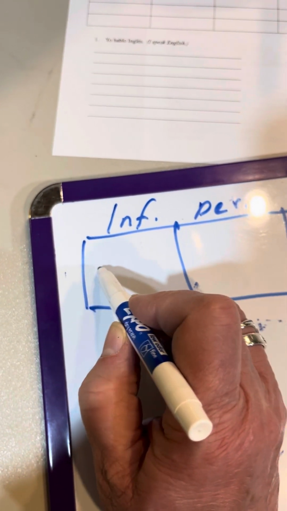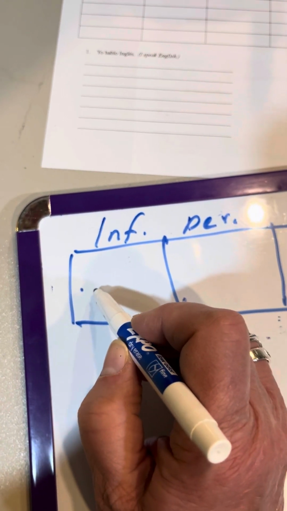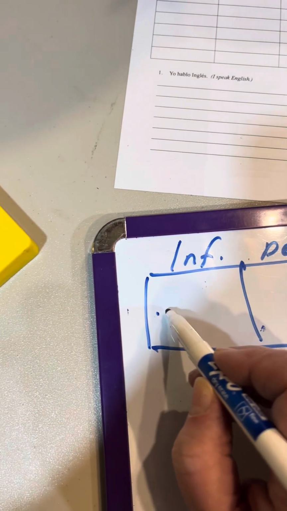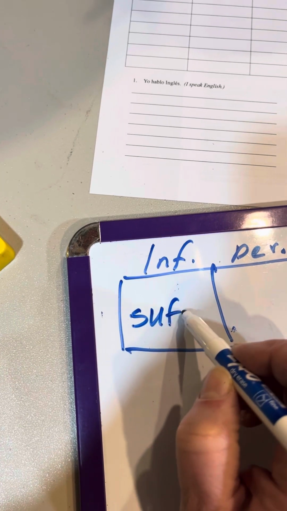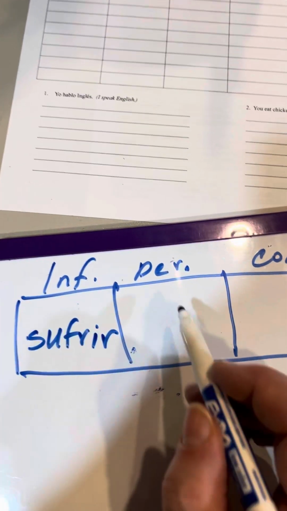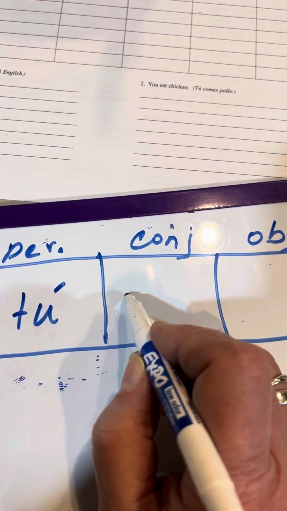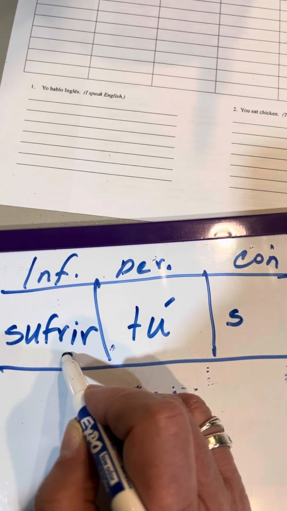So if we put, let's see, what's sufrir? Okay, this one's not on the list. Sufrir is my infinitive. It means to suffer. Tú is my person. It's an IR verb.